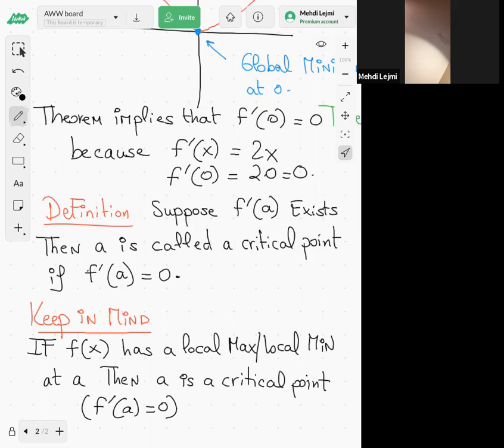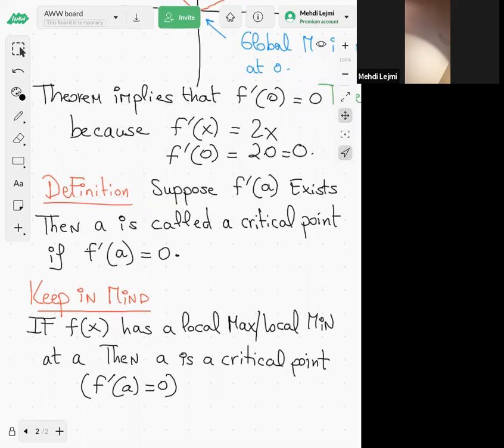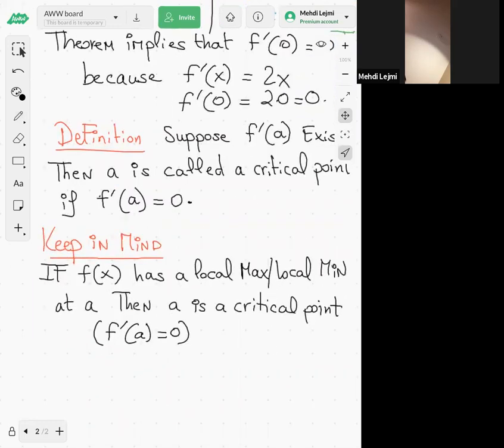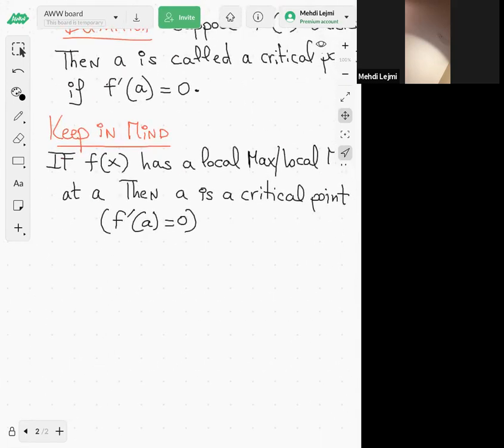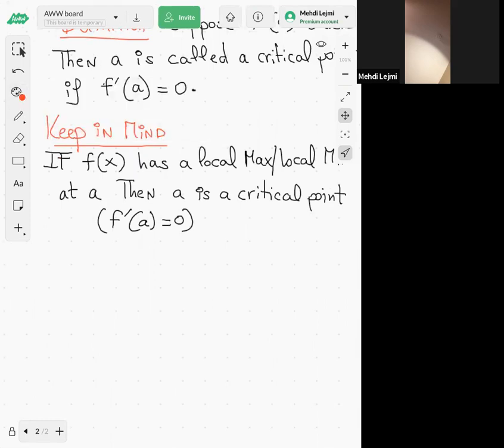Anyway, now we're going to try to find the global maximum and minimum when we have, let's say, a closed interval. So what we're going to do now is find the global maximum and global minimum in a closed interval.